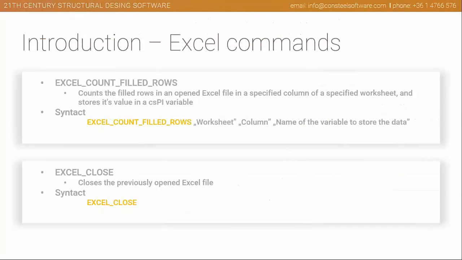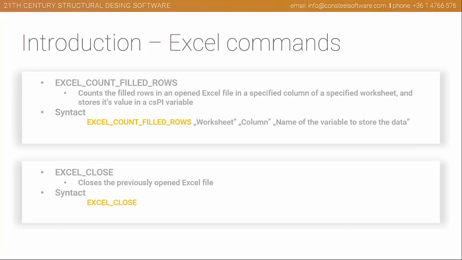The next one is the count field rows command. This is a very useful command if you are dealing with cycles and repetitive commands. We will check this too in our live example. Basically, it will count the filled rows in an Excel file and store that number in a variable.